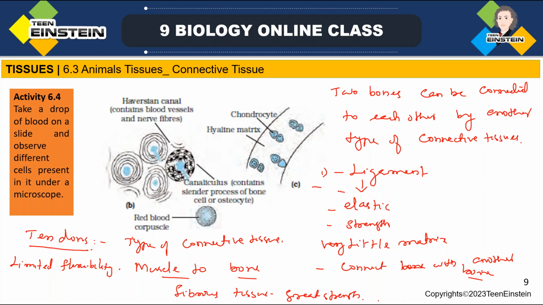They have considerable strength, and they have very little matrix. They give connection from one bone to another bone. But in the case of tendon, which is also another type of connective tissue, limited flexibility is provided, and it gives muscle to bone connection. They are fibrous tissue and have great strength.